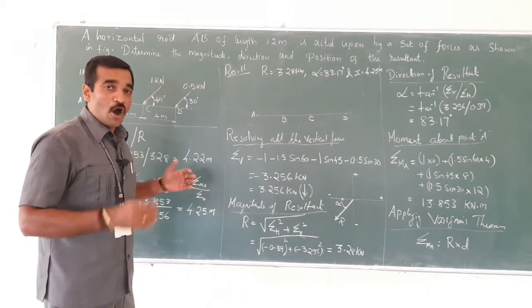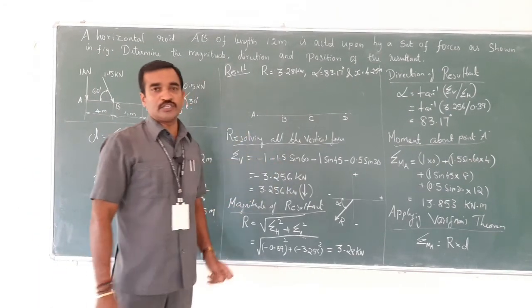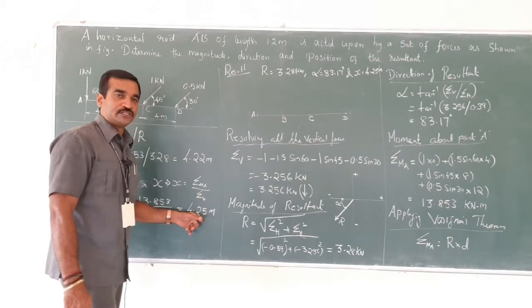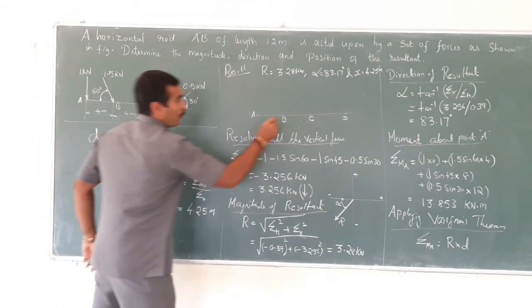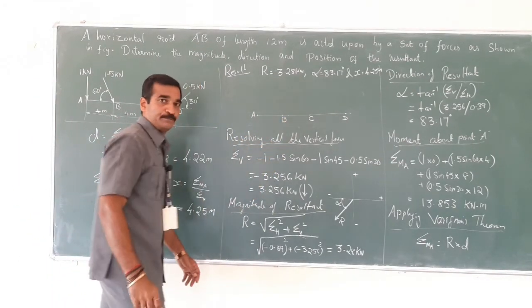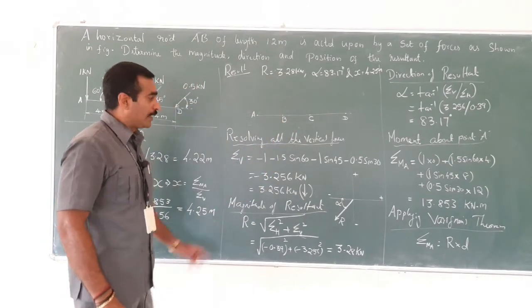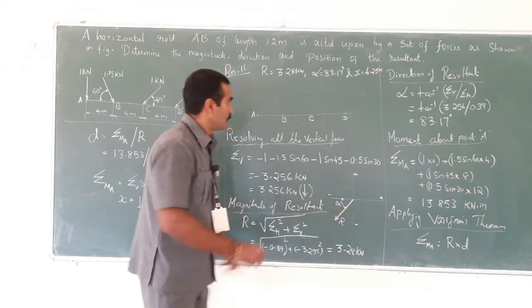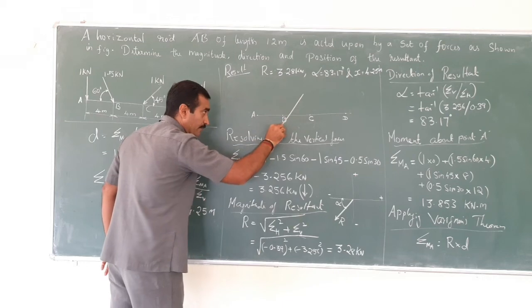How far is the resultant acting from the origin? The distance from the origin is 4.25 meter. Up to B, is it 4? So 4.25 would be roughly here. This is where it is passing through. And look at the direction, it is moving in this way.